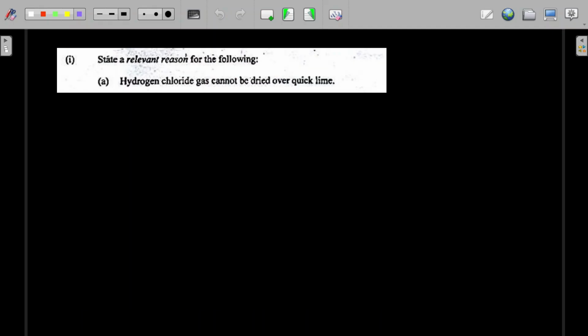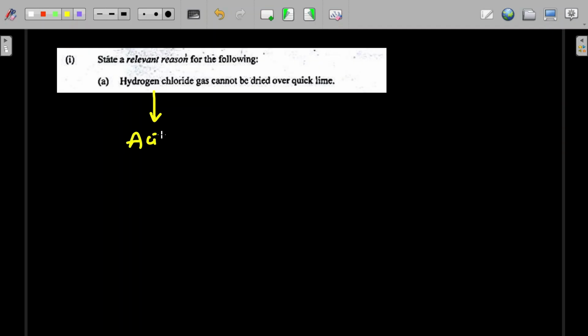State a relevant reason why hydrogen chloride gas cannot be dried over quicklime. So Darshana, tell me what is the reason for this? Okay, what is the nature of hydrogen chloride gas?